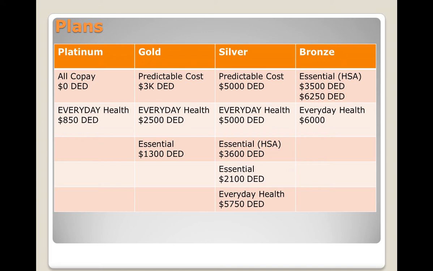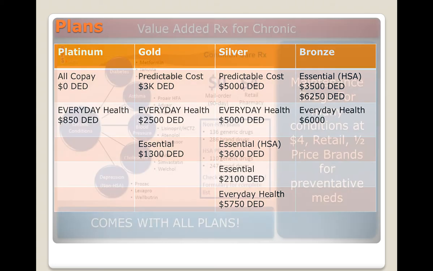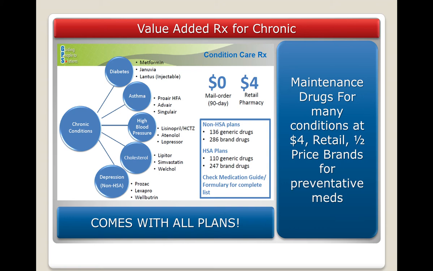The gold plans as a base policy are going to have a variety of deductibles, and also an opportunity on the silver to have an HSA, an essential plan, an everyday plan, and then bronze we have our HSAs and an everyday health plan. Now we are going to talk a little bit about Skillsoft as we get a little bit further in today, and then you guys can go through all these plans in a lot more detail.